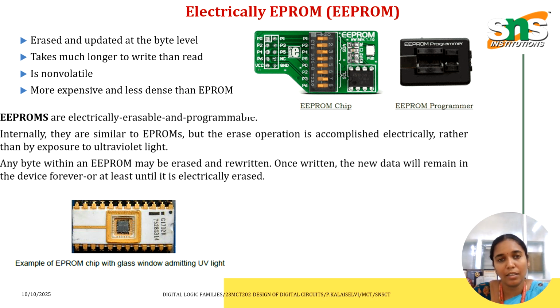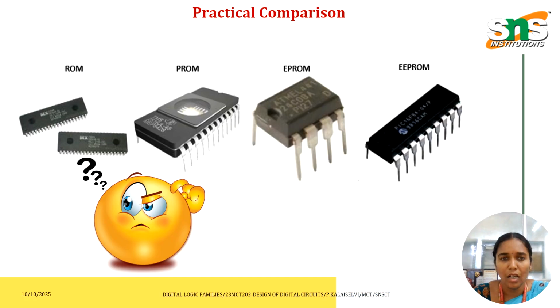Other than that, we have flash ROM, a modern form of EEPROM that allows faster erase and faster write cycles. We use flash ROM in pen drives, SSDs and memory cards. So this is all about read-only memory and its types. This is a comparison of the different types of ROM.